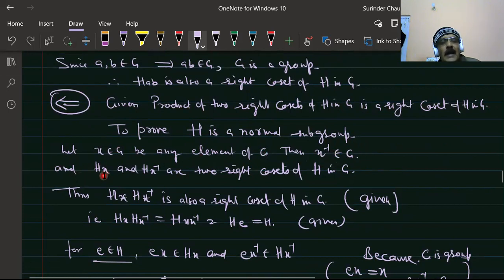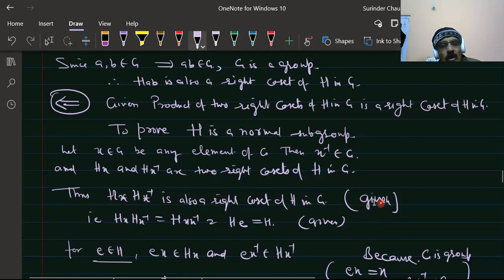Hx and Hx inverse are two right cosets of G. Thus the product Hx into Hx inverse is also a right coset of G, given.